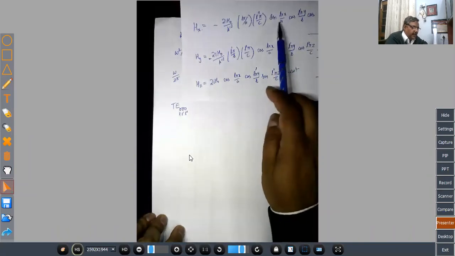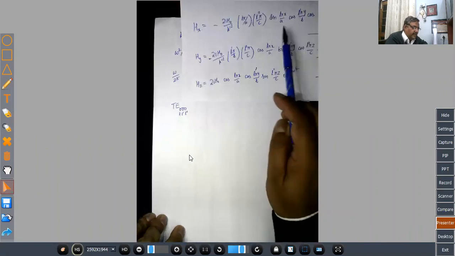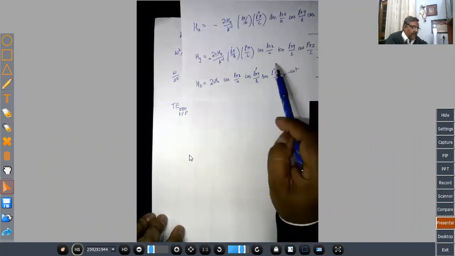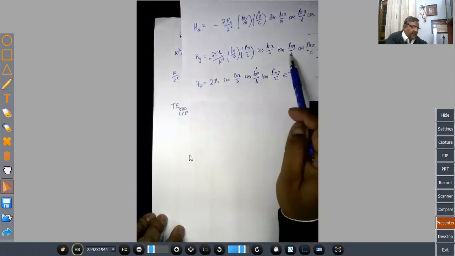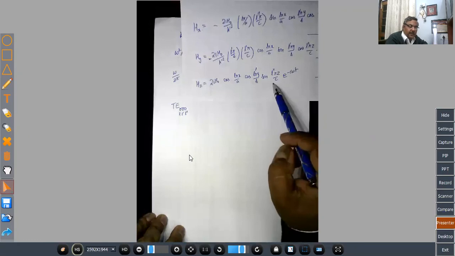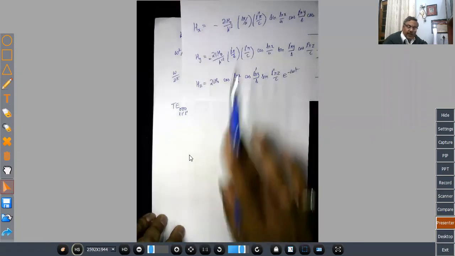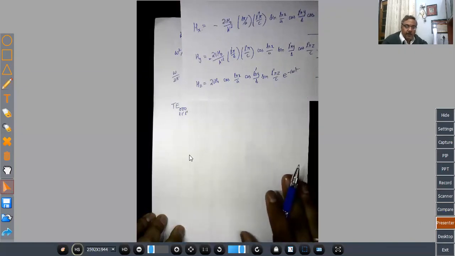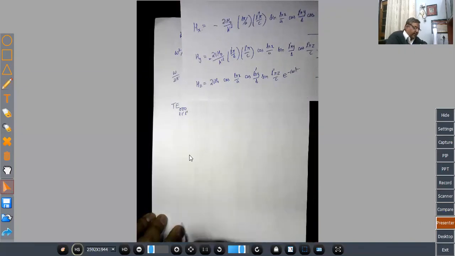What will happen? If L is 0, this field will become 0. L dash is 0, this will become 0. And L double dash, this will become 0. So there will be no existence of any field. Such field will not exist.